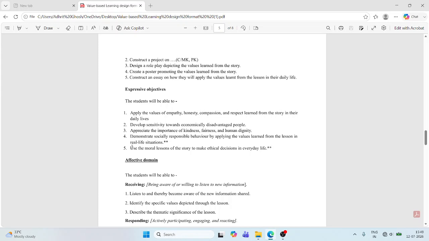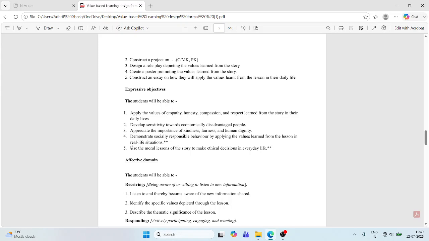I'm describing a topic from history. In certain cases, you can ask them to create a poster depicting the values learned from the lesson, or construct an essay based on the values depicted in the lesson, or prepare a project. They will all come under create, procedural knowledge.